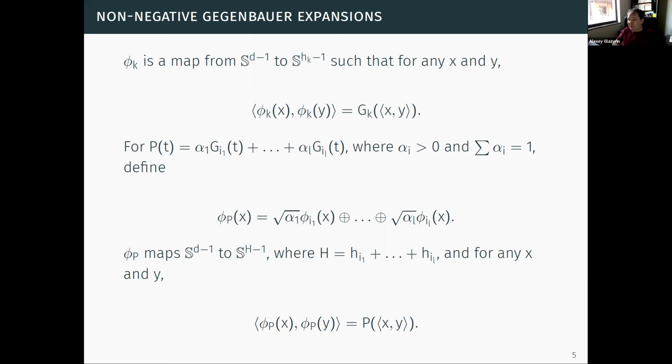So here we have a really nice tool on our hands. We can take any polynomial we like with a positive Gegenbauer expansion, and map using this polynomial to a sphere in a higher dimension, and then we can work with that. So we have one set on a sphere, we can map it to another set on a sphere in a higher dimension.